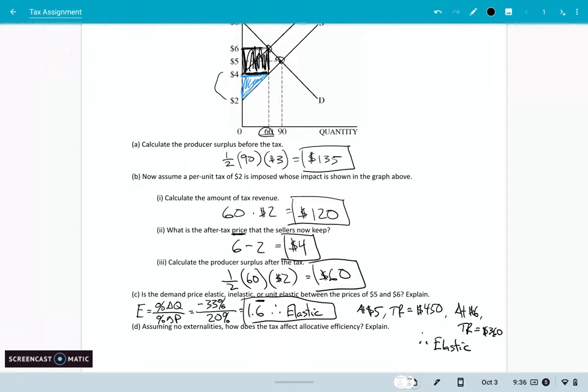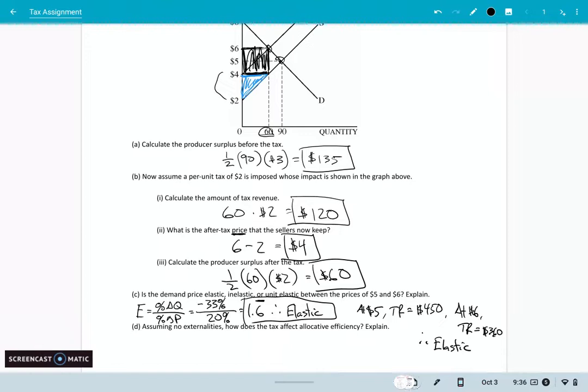If it was unit elastic, then it should really have no effect on my revenue because raising my price, I'm going to lose an equal percentage of my customers, and my net revenue is just going to be a wash. It's going to come out the same. In this case, I raised my price and my revenue went down, which must be because I lost more customers than I was able to raise my price. And so that would define it as elastic. So this would be the other way to answer that question.